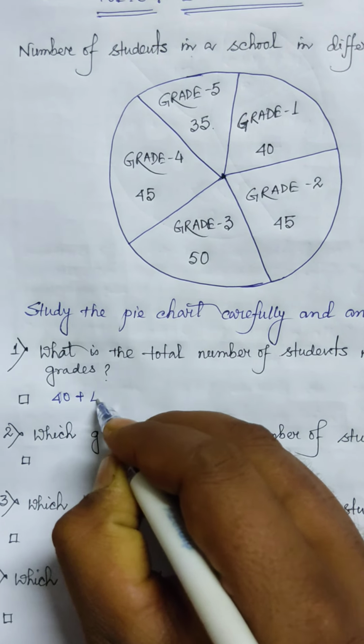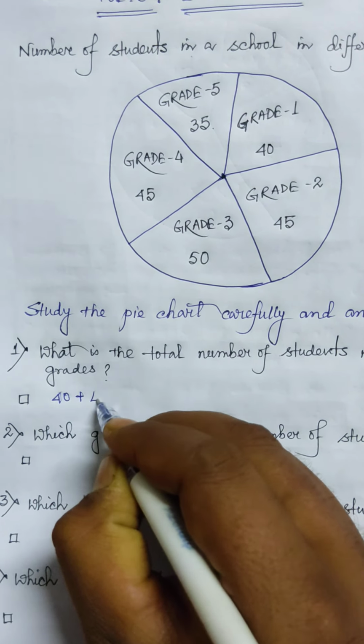So 215 students. So what is the total number of students in all these grades? 215 students.